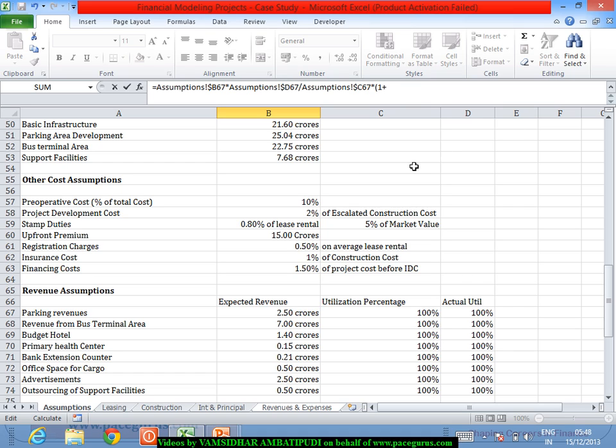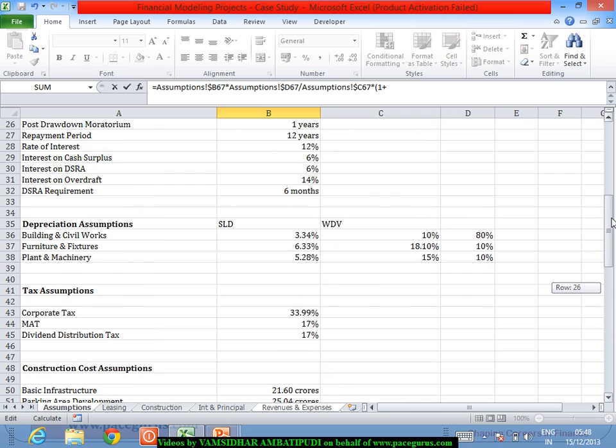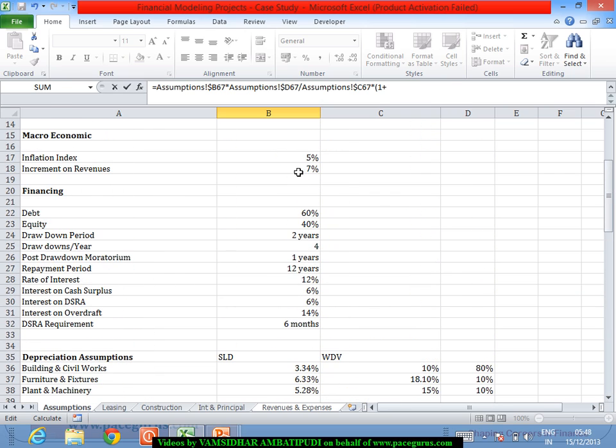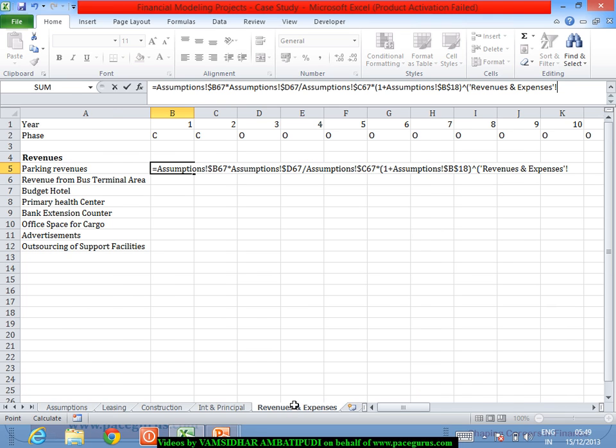I'll put it as 1 plus the revenue growth rate, whatever is the increment in the revenues, raised to the power of year number minus 1. Means year 1 this is the same value. For year 2 it will be grown by 7%, year 3 it will be grown by 7% of 7% twice. So like that we can directly do an auto increment. So we'll use this 1 plus the revenue growth rate to the power, I'll take this as year number, wherein I can freeze the $1 here, minus 1.